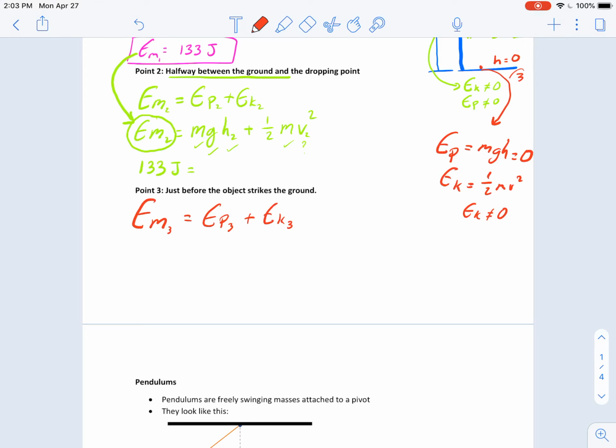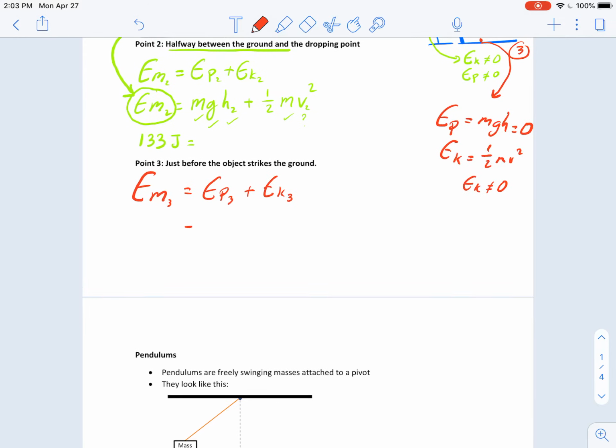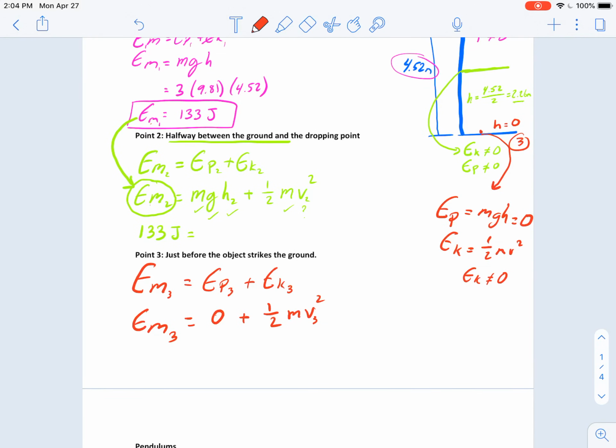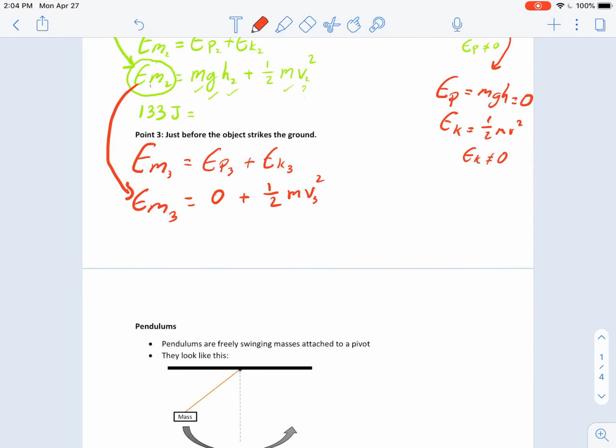And this is 0 plus 1/2 mass times that velocity 3 squared. And what does that EM3 equal? Well, it's going to be the same as EM1 and EM2, because that is the law of conservation of energy. So it's going to be 133.